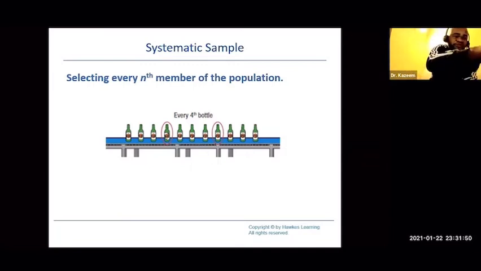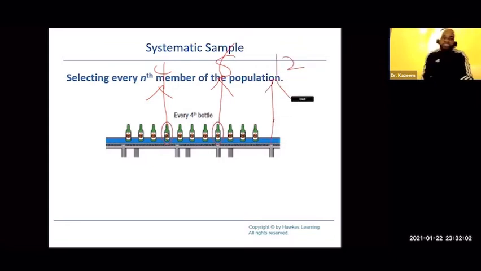I choose number 4, then this is going to be 8, and if I'm going to choose another bottle, it's going to be 12. That is position number 12, because I'm assuming here my random start is 4 and I'm also assuming a sampling interval of 4. That is the assumption right here.